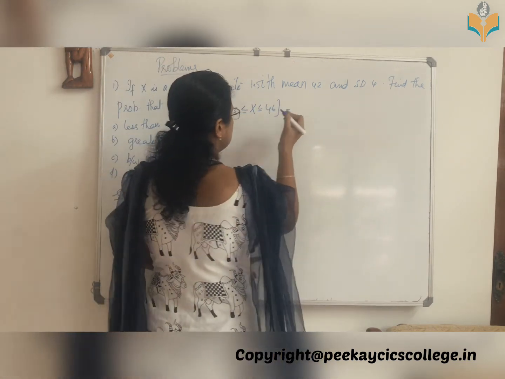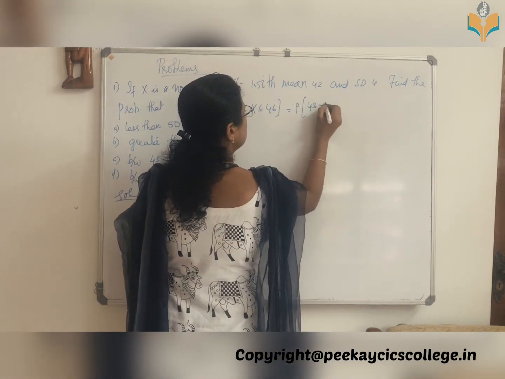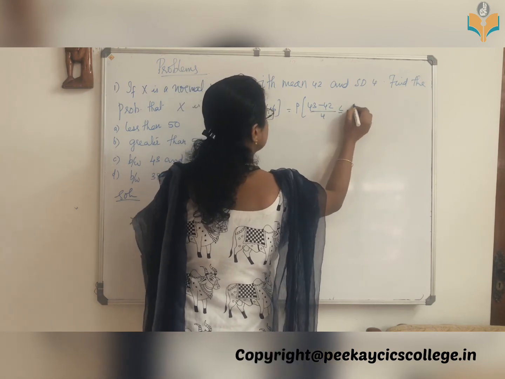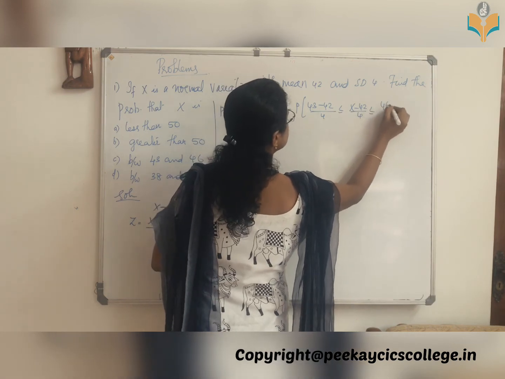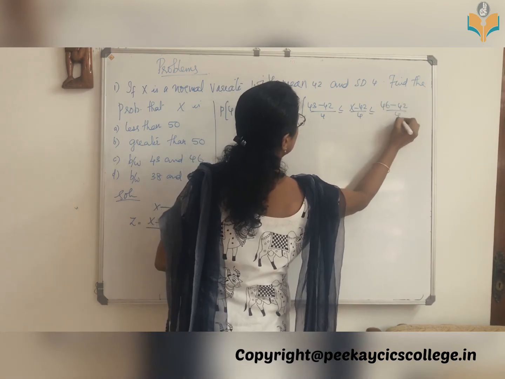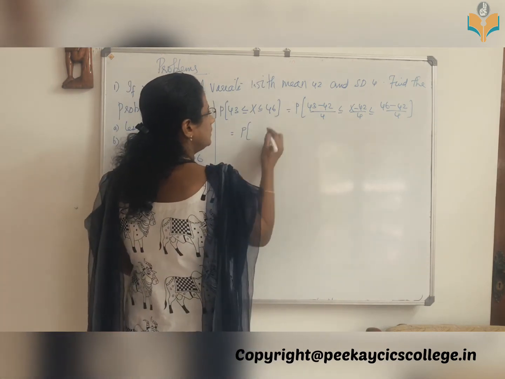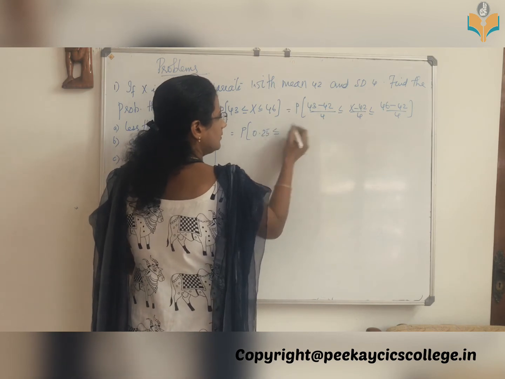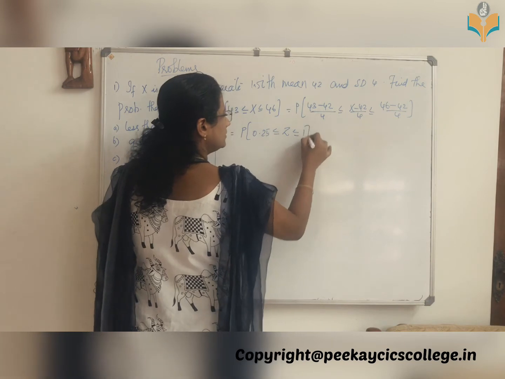Here also we want to standardize: probability of (43 minus 42)/4 less than or equal to (x minus 42)/4 less than or equal to (46 minus 42)/4. Alright, equal to probability of 0.25 less than or equal to standard form z less than or equal to 1.